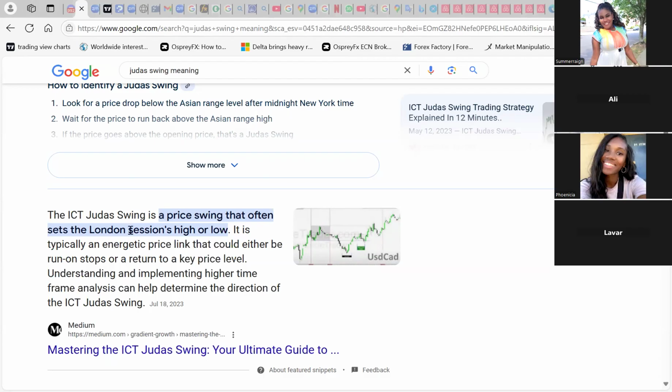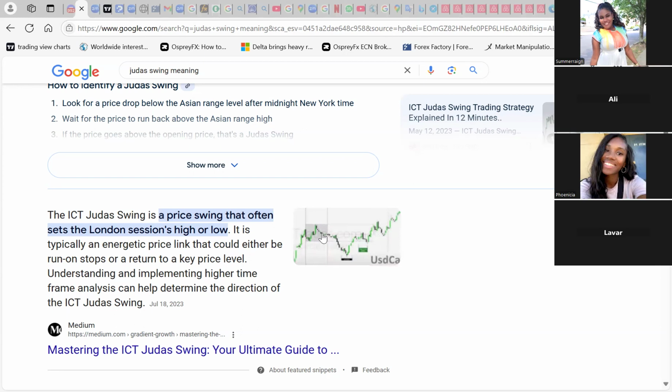Shut up, Sean. He said it often sets the London session highs or lows, right? It's typically an energetic price move that could either be a run on stops or a return to a key price level. In this case, it was both. It set the London session low, but it was a return to that price level.